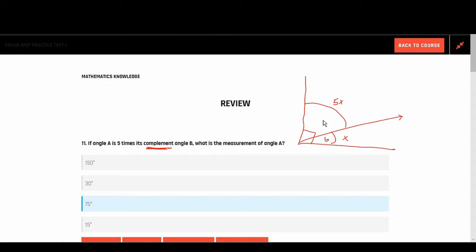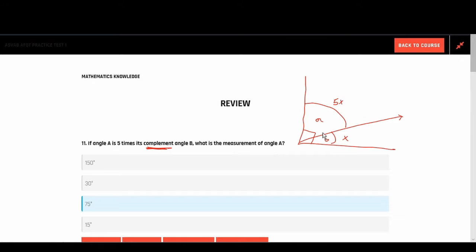Again, we can call this angle B, angle A. We're just taking the information we're given, making a little diagram, and now we can actually solve the problem.